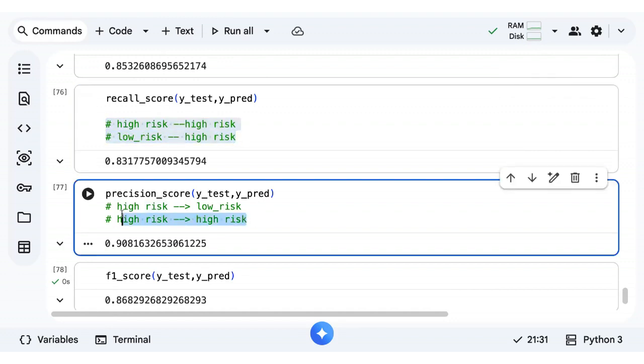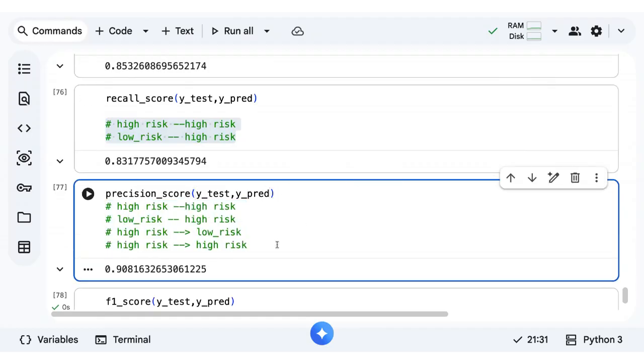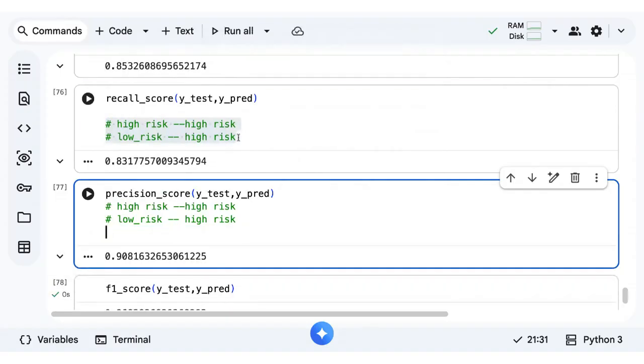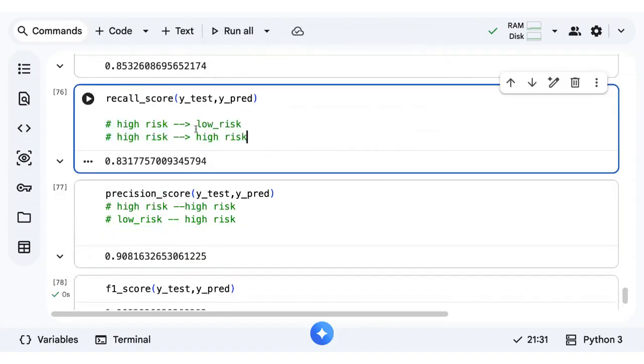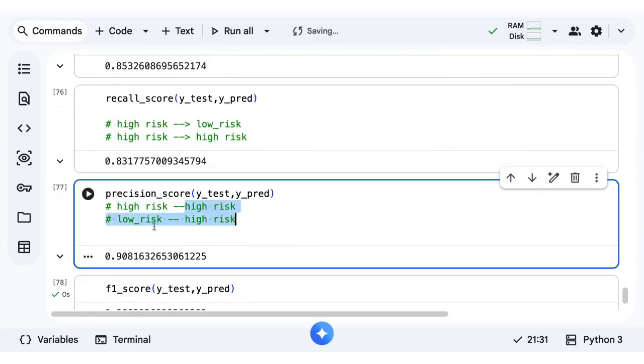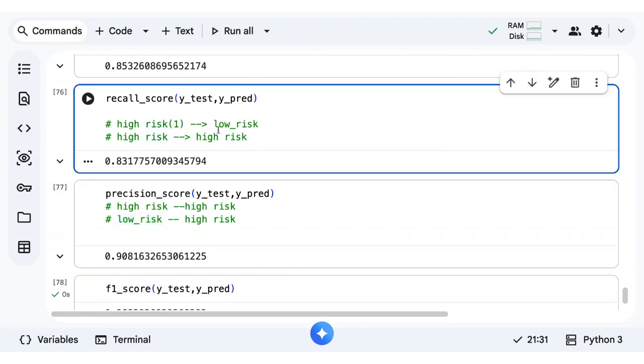Sorry, this should be precision. Precision: among all positive predictions, how many are correctly classified as true positives? Understand in terms of 1 and 0.